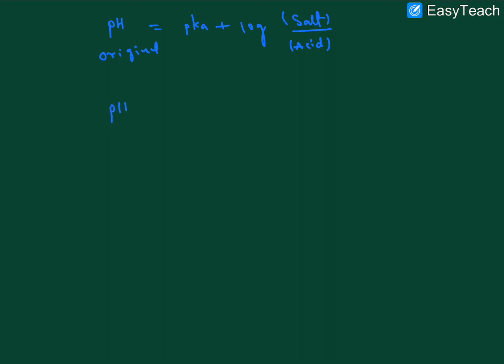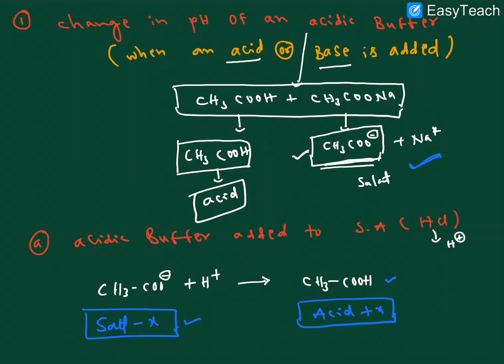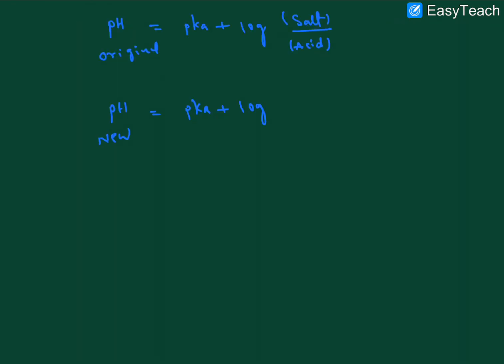Already we derived this formula, but whenever we add the acid, the pH will change. This pH is called the new pH, right? New pH is equal to pKa plus log, and the concentrations change here: the salt becomes salt minus X, and the acid becomes acid plus X, right?